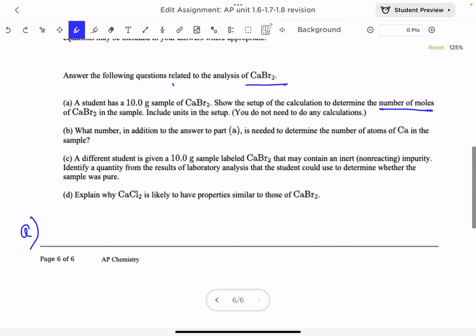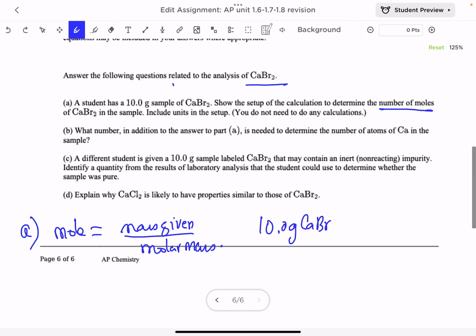In your formula sheet given to you during your AP exam, you have a formula showing that the number of moles is equal to the mass given divided by the molar mass. So here, all you need to do is just say that the 10 grams of CaBr2 would be divided by the molar mass.